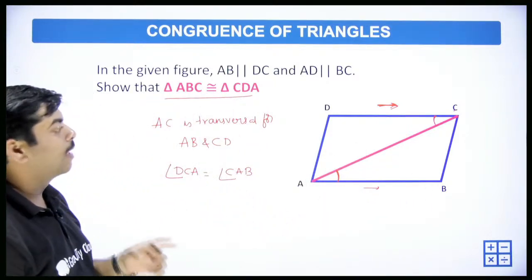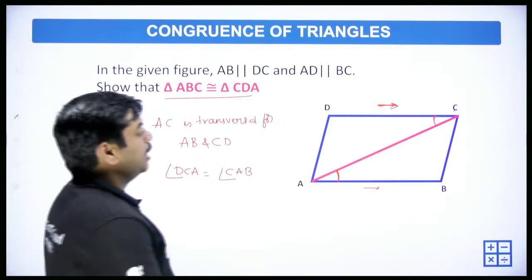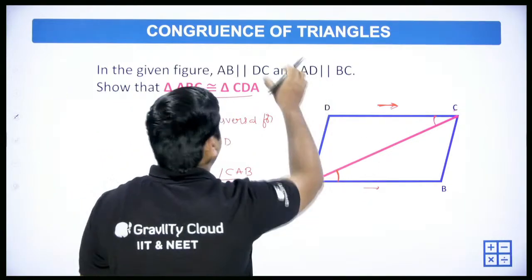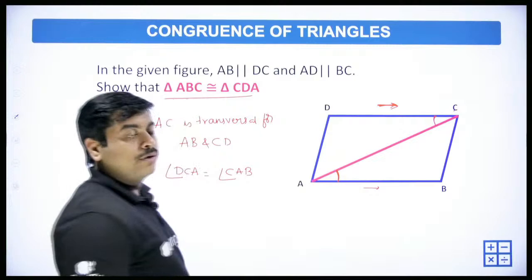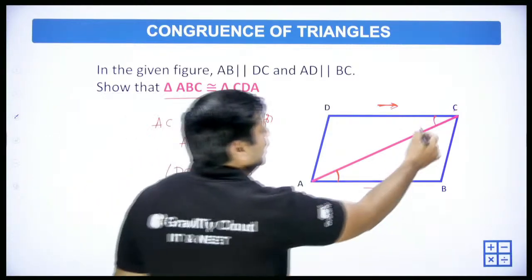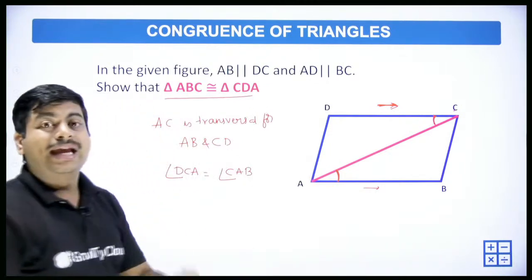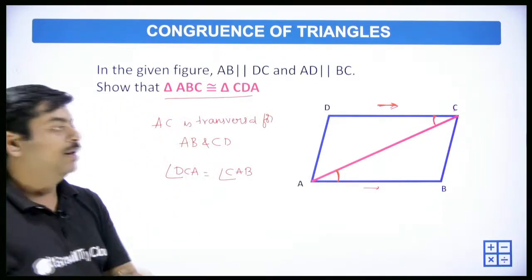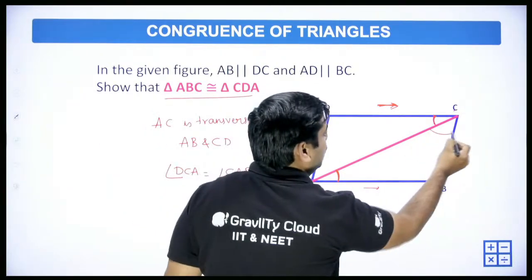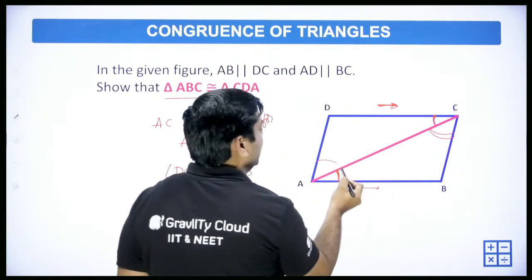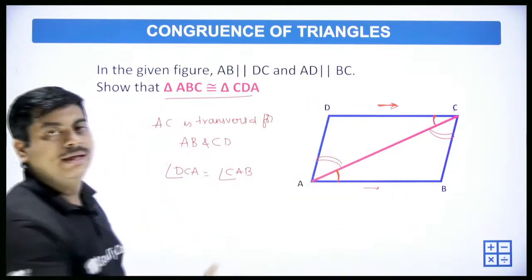Now, it was given that these two lines are parallel. From there we brought this angle and this angle as equal. In the same way, this angle and this angle are also equal, because of the same property again.